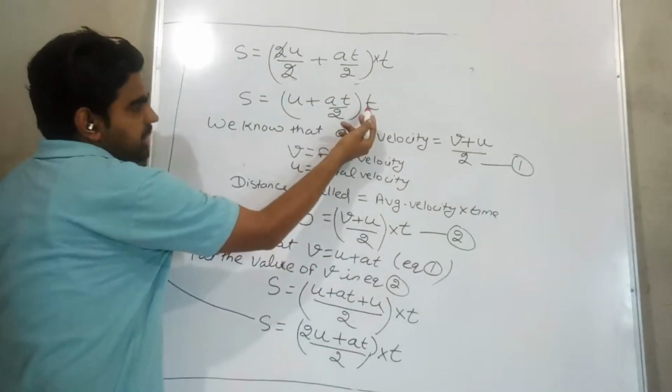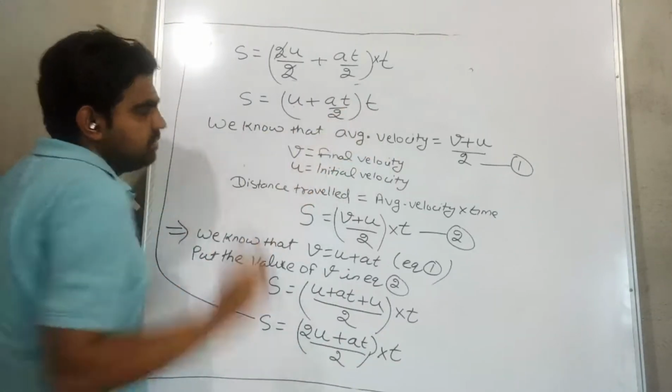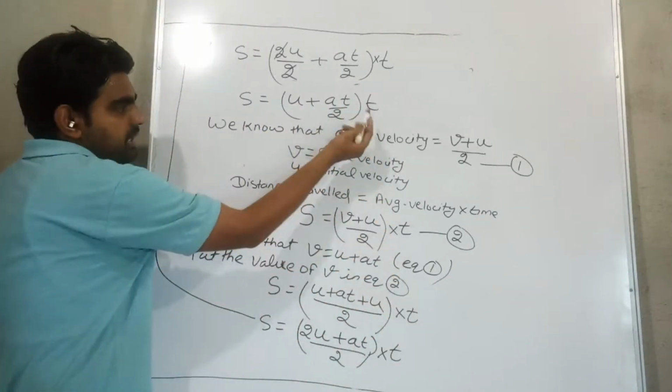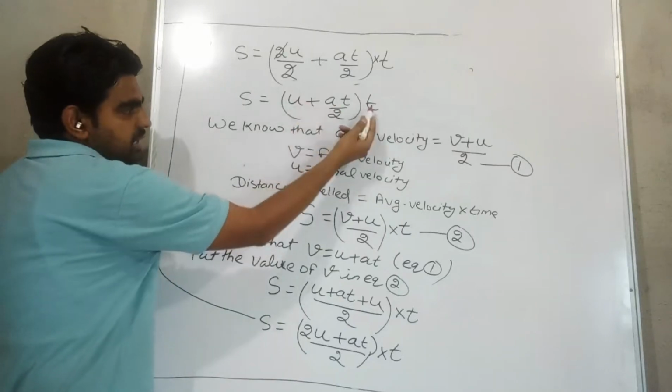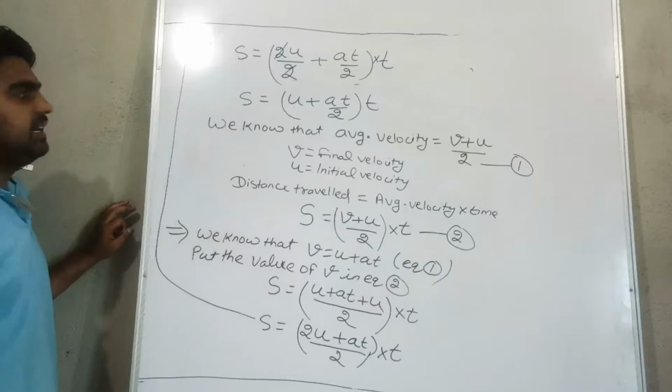First of all multiply t by u, then multiply t by at upon 2. This is a simple mathematical calculation.